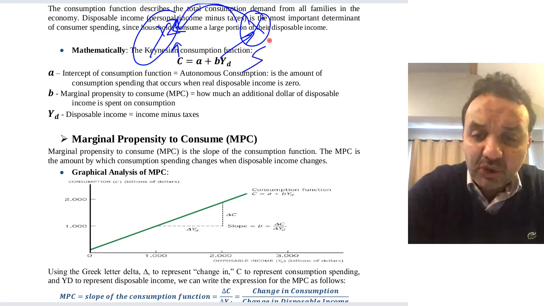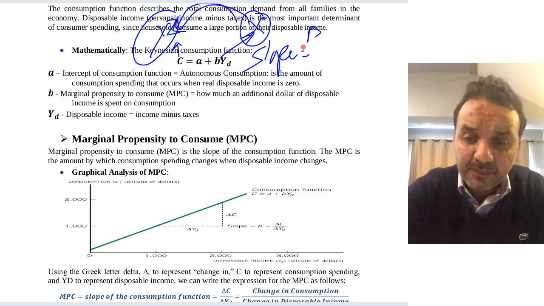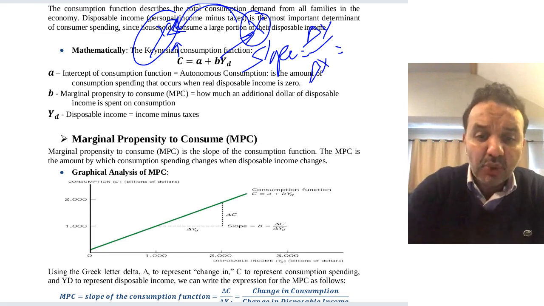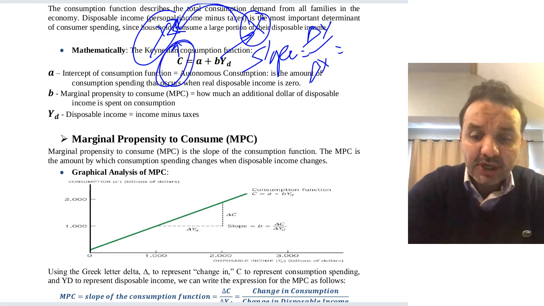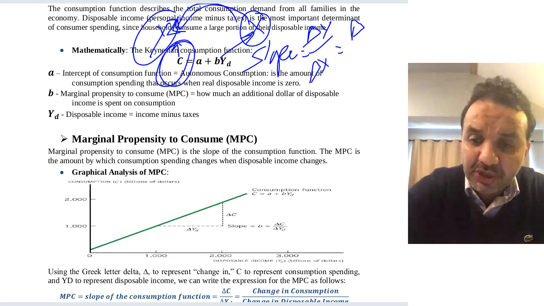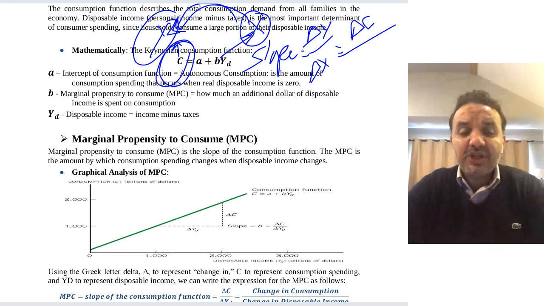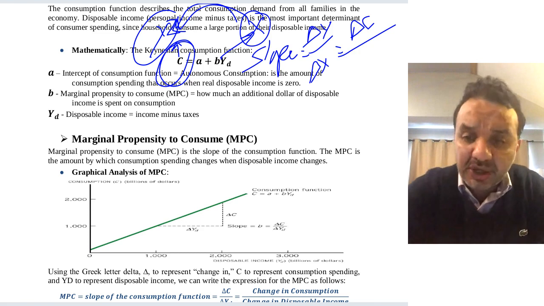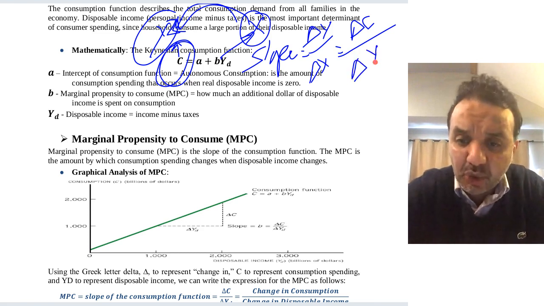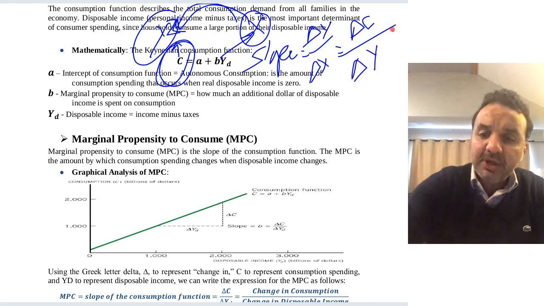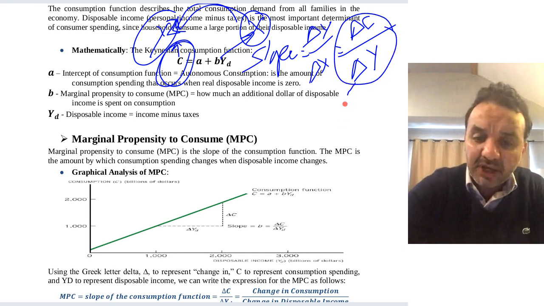So again, the slope equals the change in y over the change in x. The change in y is the change in consumption. And the change in x, which is the independent variable here, your income. Okay, so this is the formula we have.